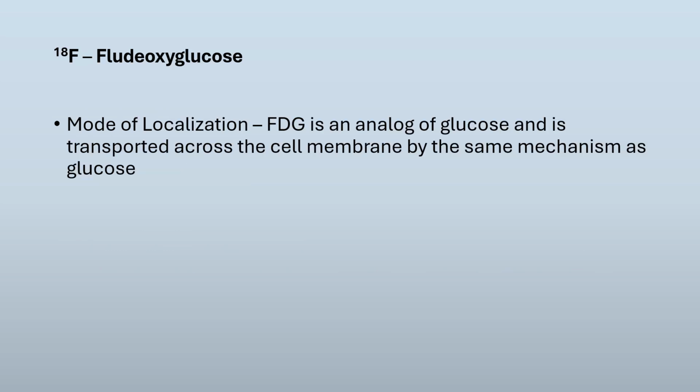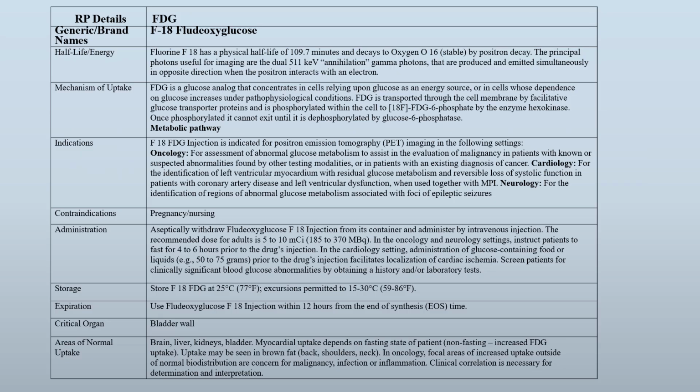The mode of localization: FDG is an analog of glucose and is transported across the cell membrane by the same mechanism as glucose. This comes directly from the package insert for F18. The mechanism of uptake, or the method of localization, is metabolic pathway because it is taken into the cells the same way that sugar is.